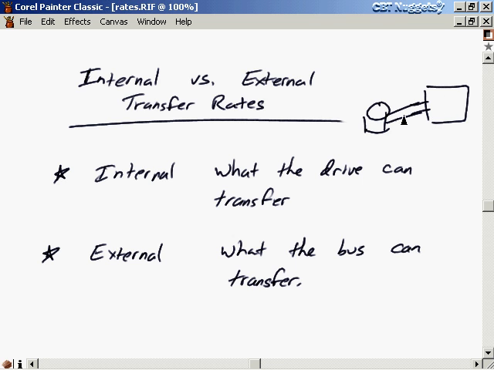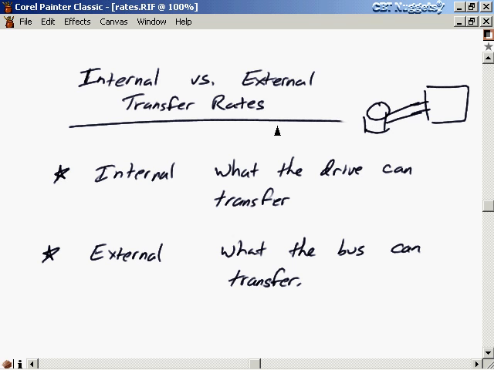Typically the bus has much greater bandwidth and can transfer data much more quickly than the disk can. So usually the disk is the bottleneck. It's like a highway: the bus is like a 6-lane highway, and the disk is like a 3-lane section of that highway. It doesn't matter that the 6 lanes can pump all these cars through; they're all going to have to go through that 3-lane section, and that's going to slow things down.